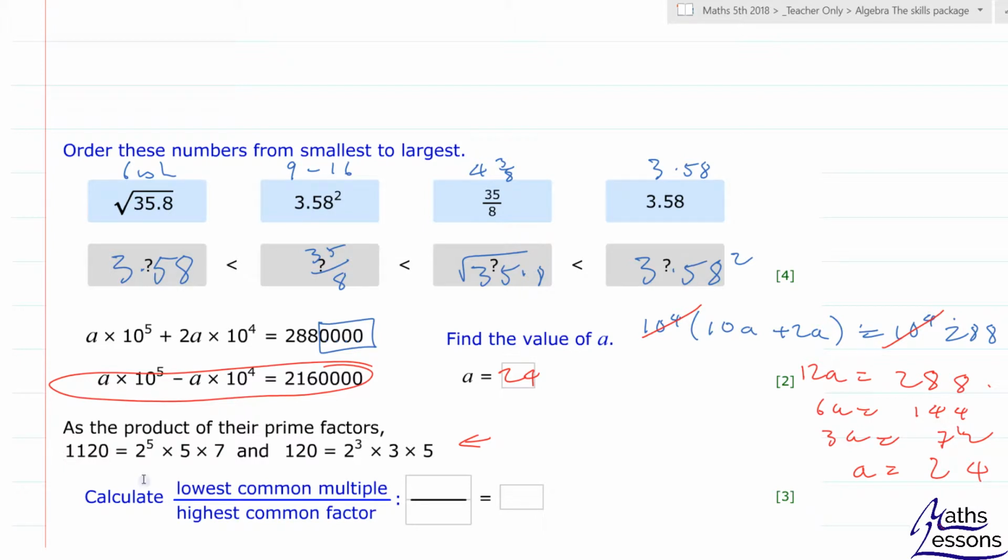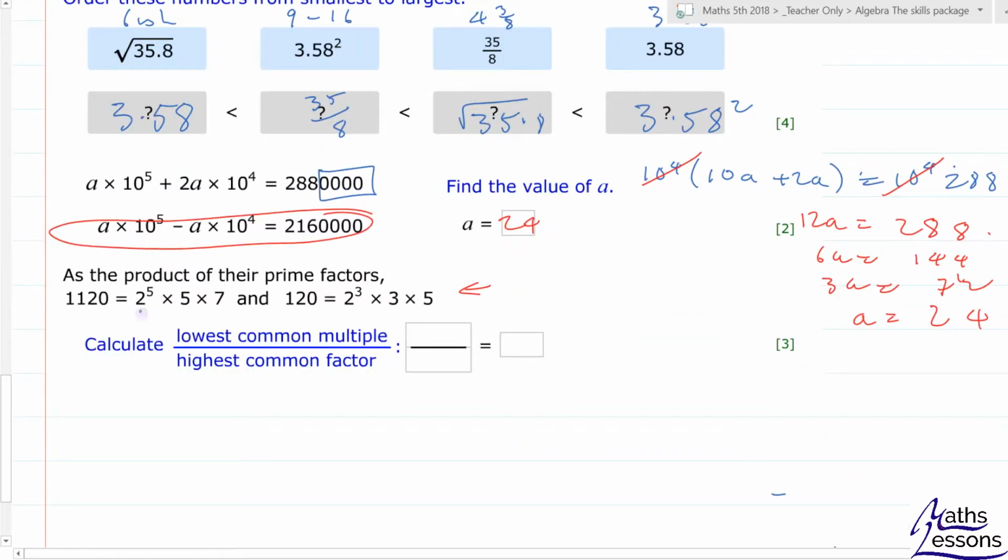Right, so the trick to this, again, is to be able to factorize these two numbers. I like to write it out completely. 2 times 2 times 2 times 5 times 7.